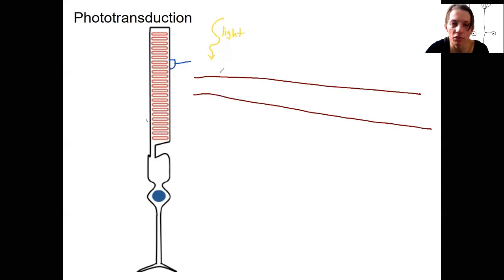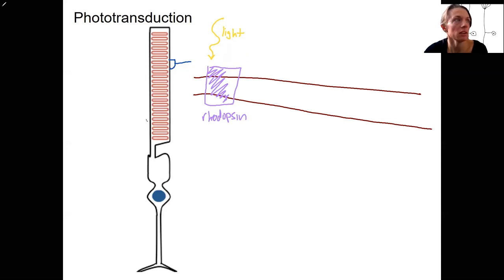What do we need to have in this membrane? We need to have a membrane protein. So we're going to have a membrane protein here. This is called rhodopsin. Rhodopsin is the name of the membrane protein that's in rods.